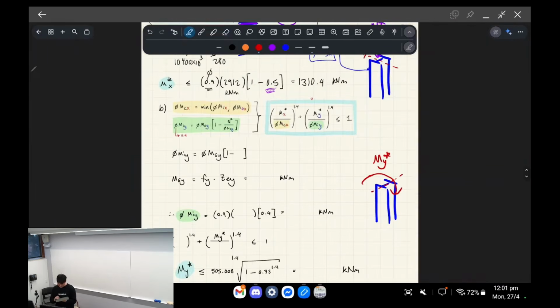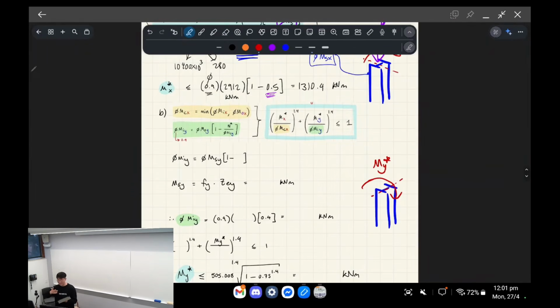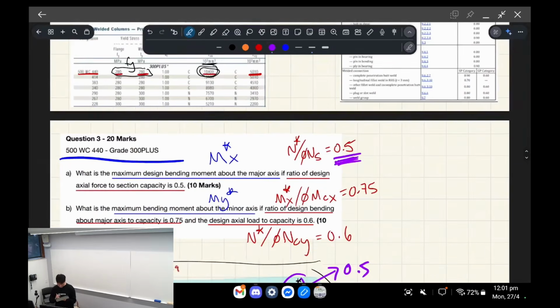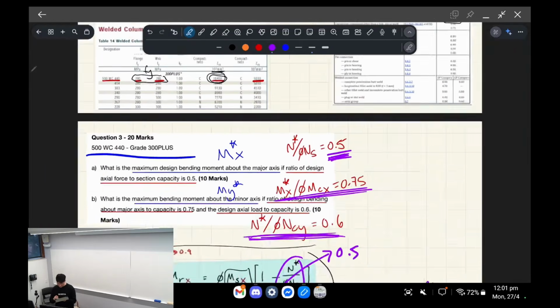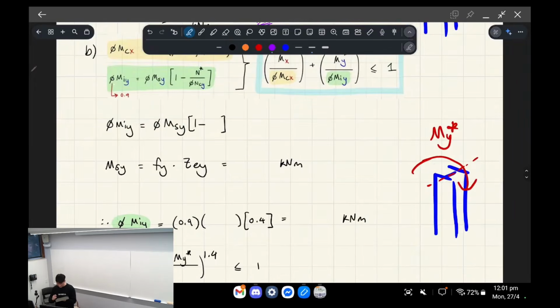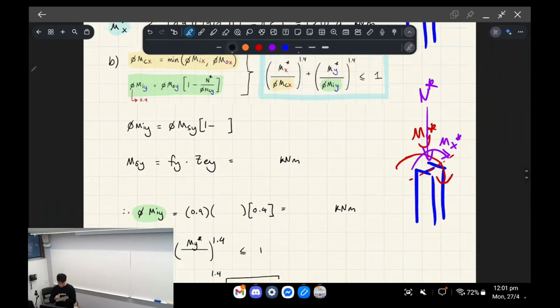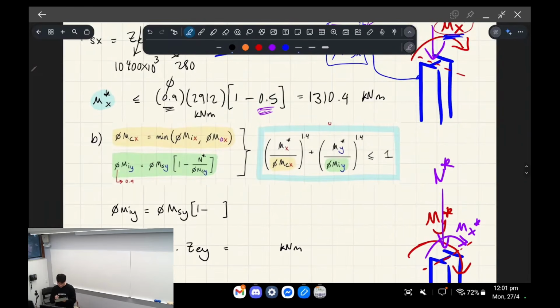Okay, so it's causing it to bend about its weak axis. Given that we still know some other actions are being applied. So the idea is that there's also this direction bending, and there's also an axial force of some sort.